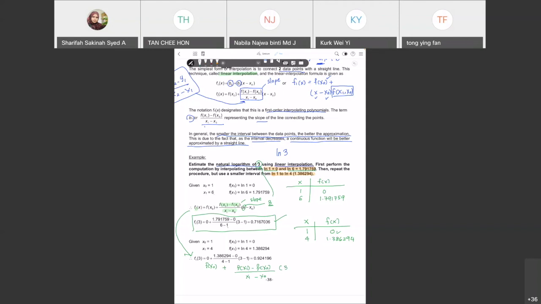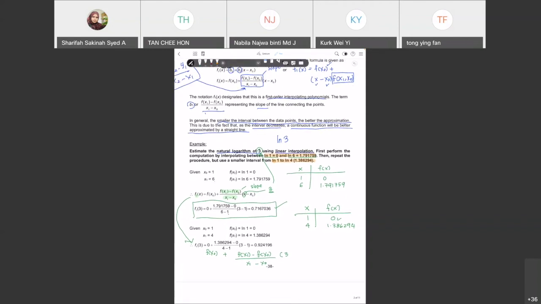Your x is equal to 3. So in this case, x equal to 3 minus x0, and x1 minus x0. So finally, you get the answer. So this is actually the answer. Okay, so which answer is more accurate?